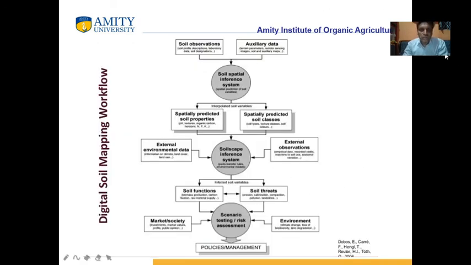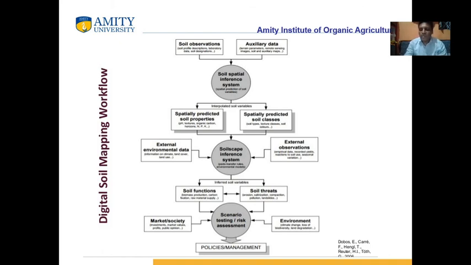In one photograph, digital soil mapping is shown here. You can see the first is data collection, that is soil observations, soil spatial inference system, soil properties, soil classes, soil external environmental data, soil inference system, external observations, soil functions, soil threats, scenario testing, risk assessment.